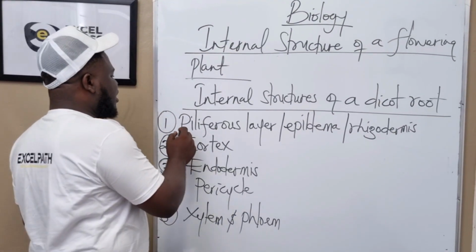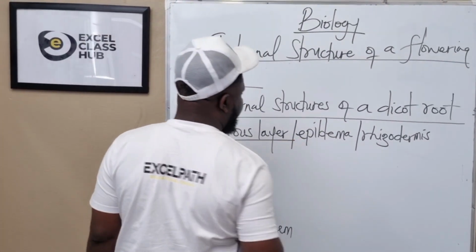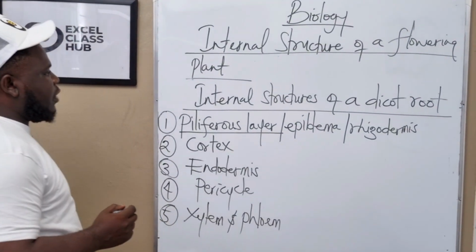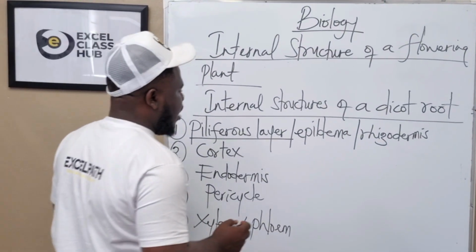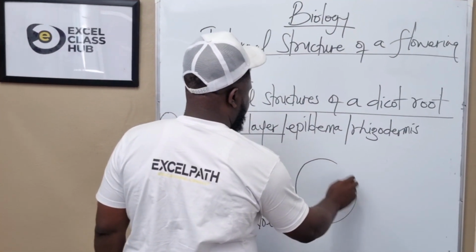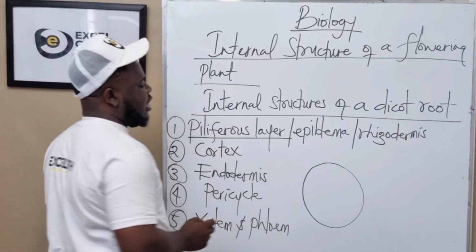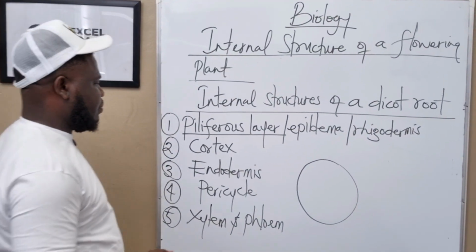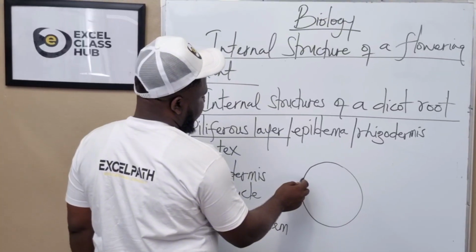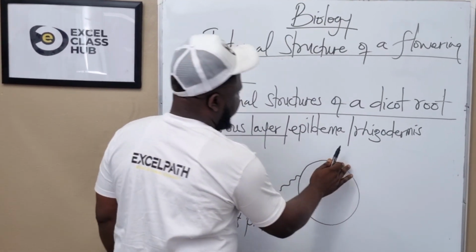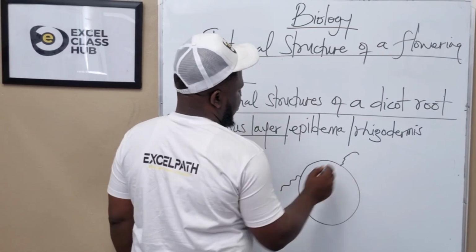So let's begin by talking about the piliferous layer. Let's represent the internal structure of a dicot root by this circular diagram. Like I told you earlier, provided it is a root, you are going to see the appearance of root hairs.